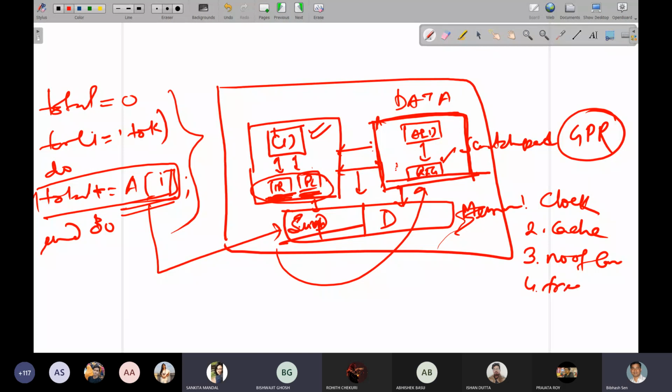Sir, CPI is clock cycles per instruction. Any other? Power supplied. Throughput and the latency.